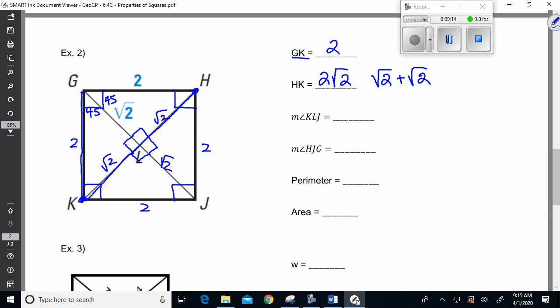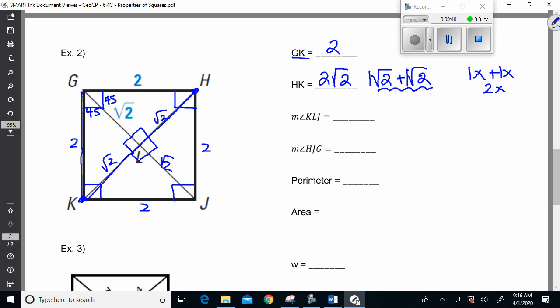If you're a little confused about this, think of it this way: if you took x plus x, that's 2x. 1 square root of 2 plus 1 square root of 2 would be 2 square root of 2. It's not a hard concept, you just have to know how the numbers work.